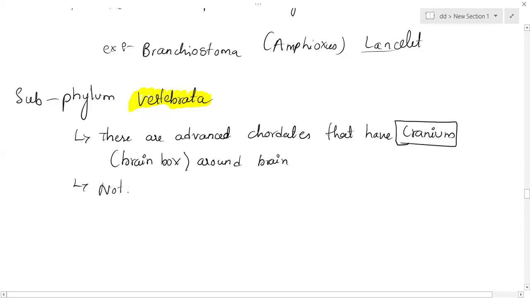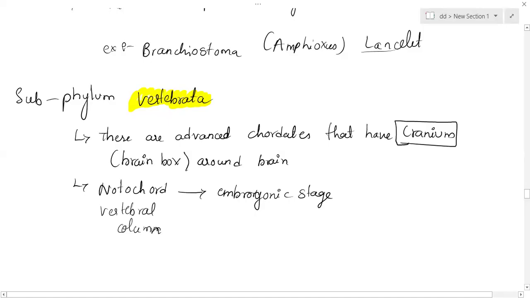So the notochord is present in the embryonic stage, whereas in the adult they have a vertebral column. Vertebral column is the backbone.